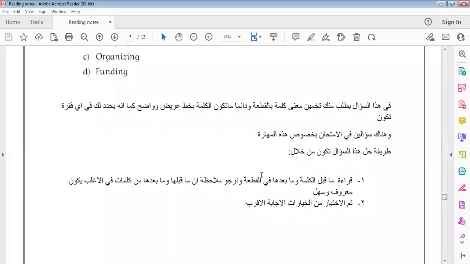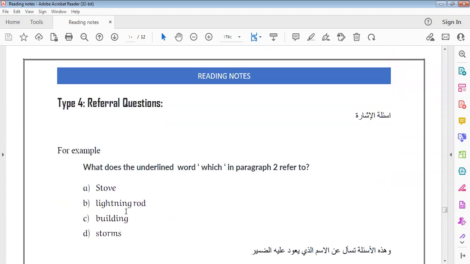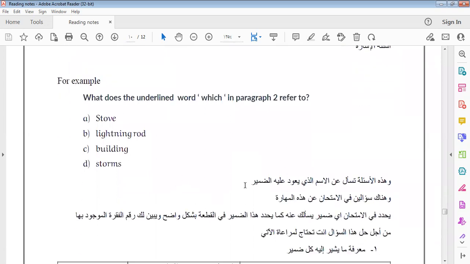Okay. Another type of question which is very simple. سؤال بسيط جدا. Referral questions, أسئلة الإشارة. Here I ask you about the noun which the pronoun refers to. I have a pronoun like which, he, she, and I say refer to what. And in the exam you have two referral questions.